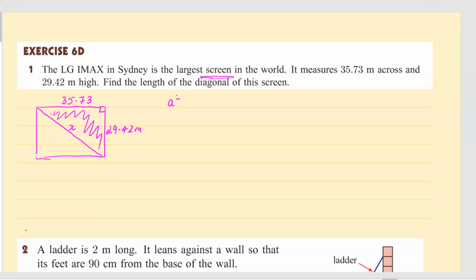So we write our a squared plus b squared equals c squared. Okay, we can clearly see that this one and this one make up my right angle. So it'll be 35.73, and we're going to square that, plus 29.42 squared equals your x squared.